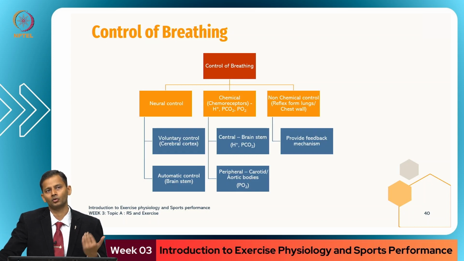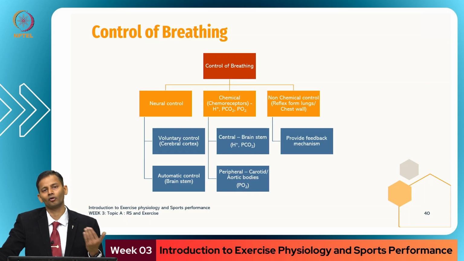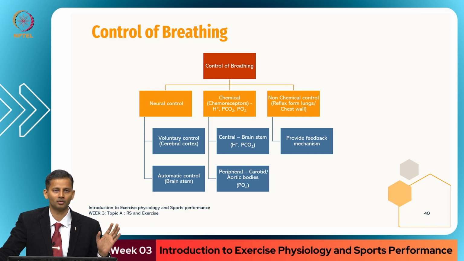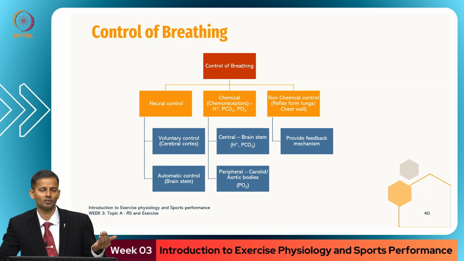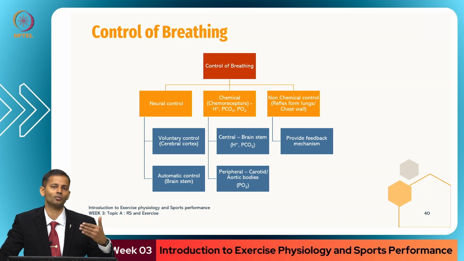The neural control happens either voluntarily, through regions in the cerebral cortex, or automatically, when you are breathing during sleep and in your normal routine activity, by the control of the brainstem. The chemical receptors are present both at the central level, that is in the brainstem, as well as at the peripheral level.